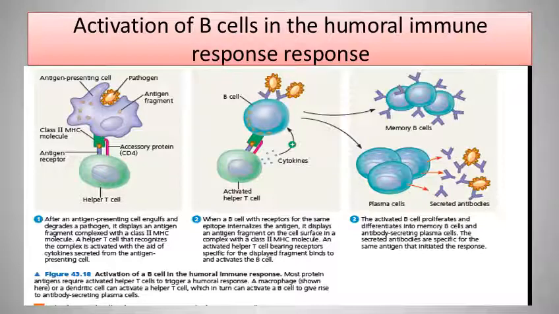So that is the same thing which is happening in the immune response. So these antibodies are the antigen receptors. The antigen receptors are the antibodies which can bind to the antigen and inactivate it.